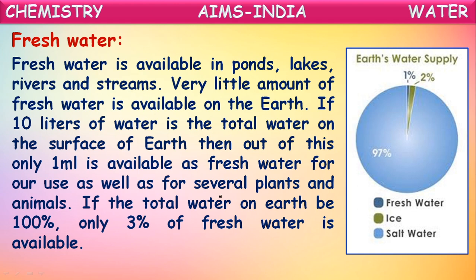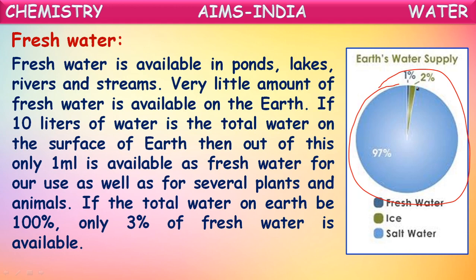If the total is 100% of the water on the earth's surface, the blue colored part is sea water or ocean water, which is salty in nature, so it cannot be used for our regular usage. The remaining 3% is available to us as fresh water.